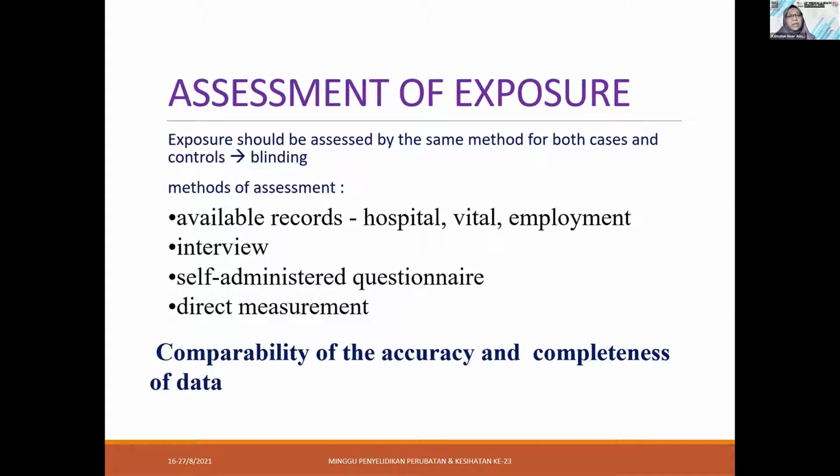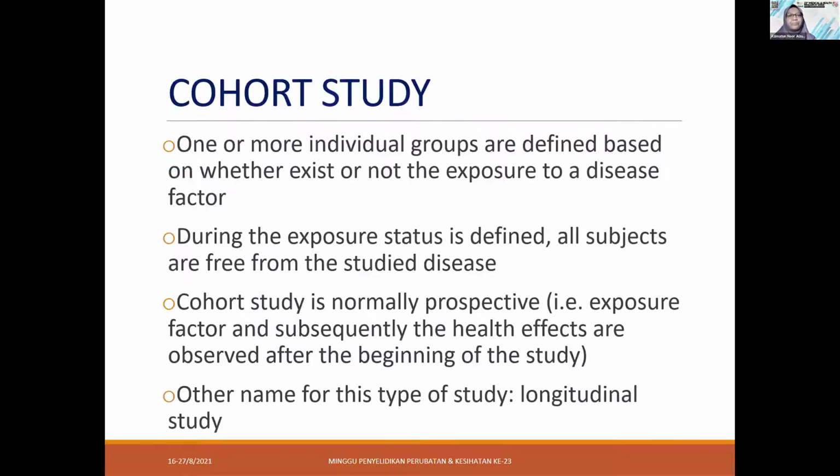Okay. Comparability of the accuracy and completeness of the data is necessary. Yeah, that's why I mentioned just now, we need to match and also compare. If it is comparable, then only we compare the findings on the causes or risk factors of both groups.